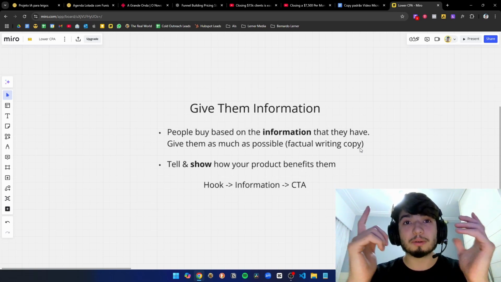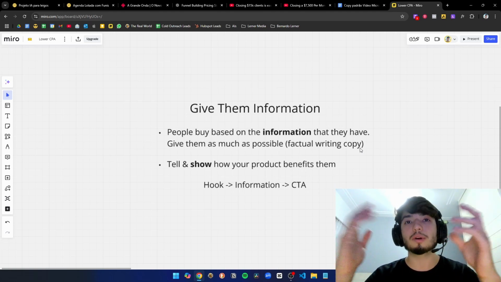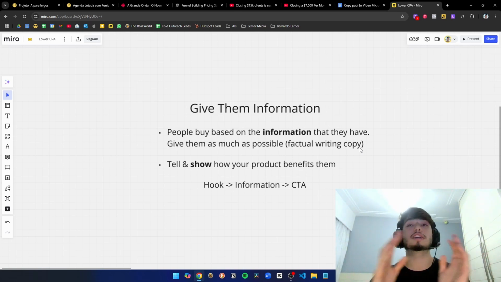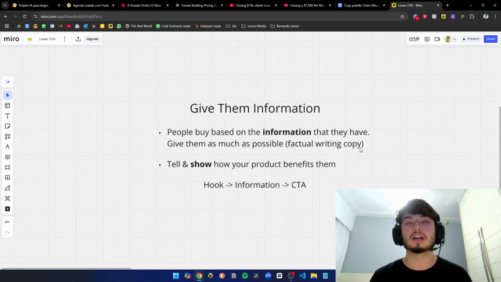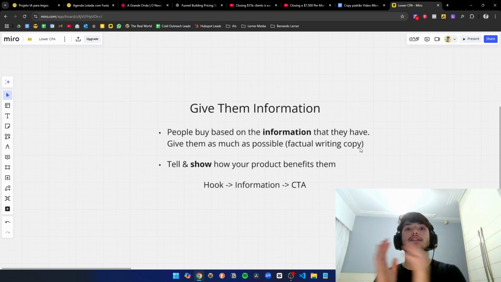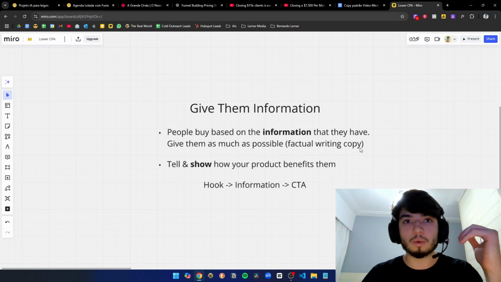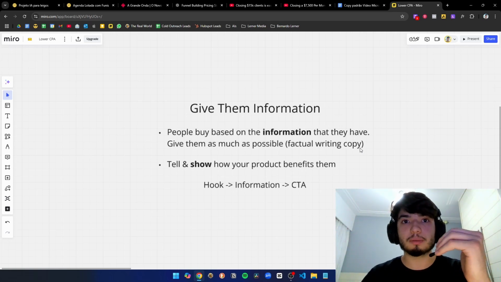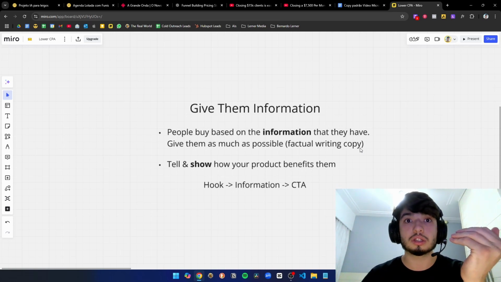People like to have this information to know how it works. Or if it's a service, I deliver my service this and that way. So always give information to people so they buy conscious of what they're buying.